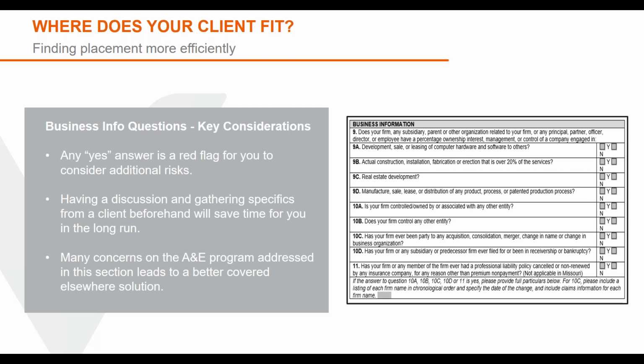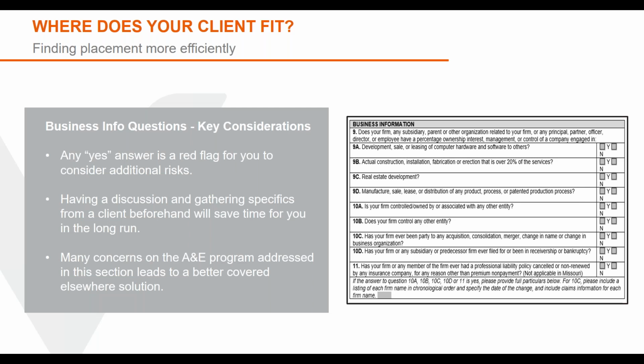So for instance, if a firm answers yes to actual construction, installation, fabrication over 20%, we have a companion contractors E&O program that can write this business on a very similar form, again, with some additional endorsements and exclusions to cater to the individual contractor risk. You'll notice 20% is used. And just as a guideline, if the firm's revenues related to construction or design build are under 20%, that's fairly de minimis to a practice exposure.